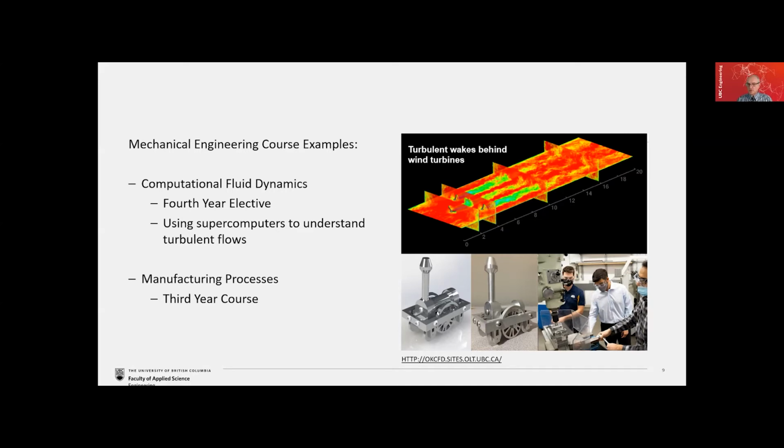A 3rd-year course, an example of this is our manufacturing processes course, gives a student an option to work on, well, first of all, they study very many processes and technologies within industry.